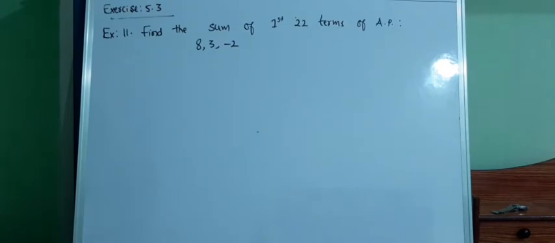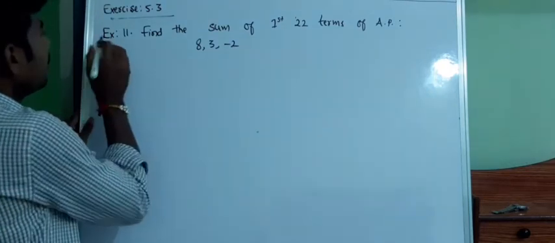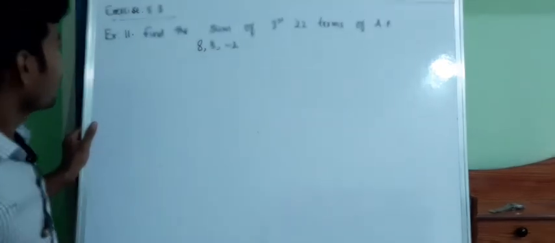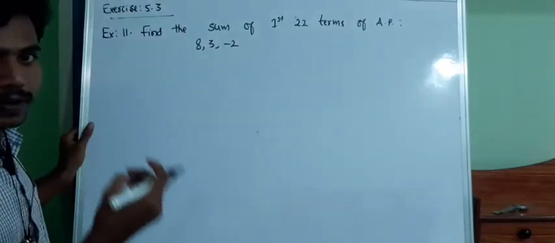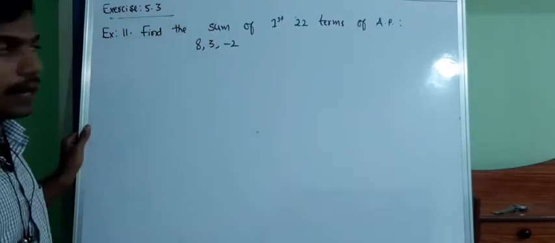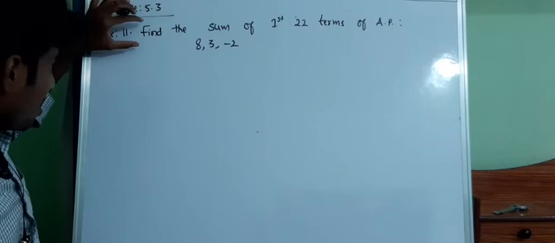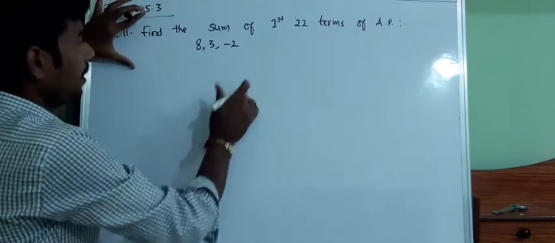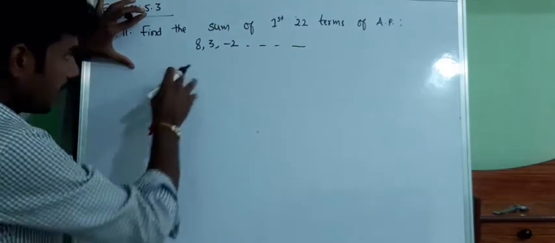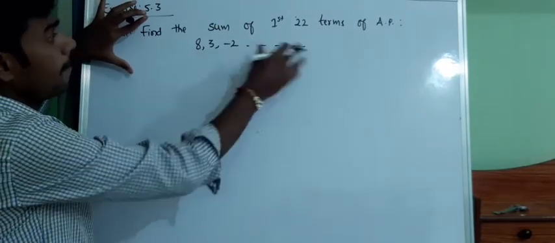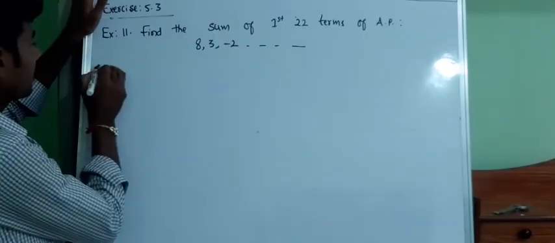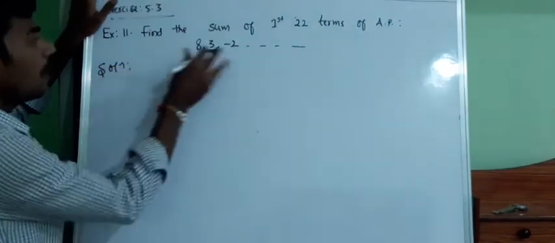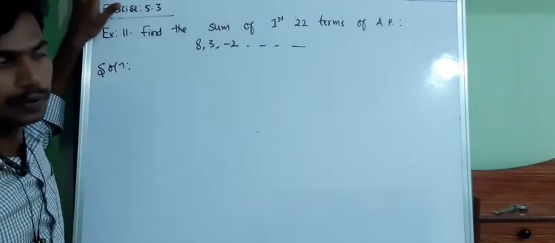So next we'll continue with the example, that is example number 11. We are going to make use of the same formula that we have derived. Find the sum of the first 22 terms of the AP 8, 3, minus 2. Do we have the last term? No, we don't know.